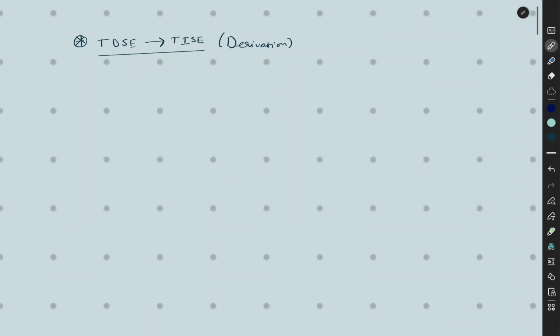So the time dependent Schrodinger equation is given by iota h cut del by del t of psi of x comma t equal to H cap psi of x comma t.